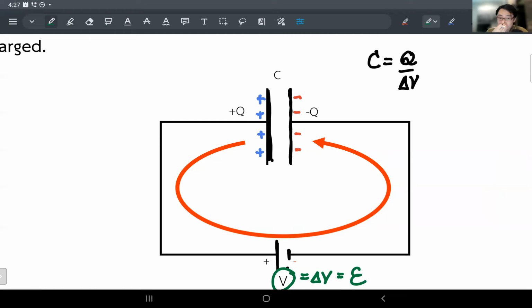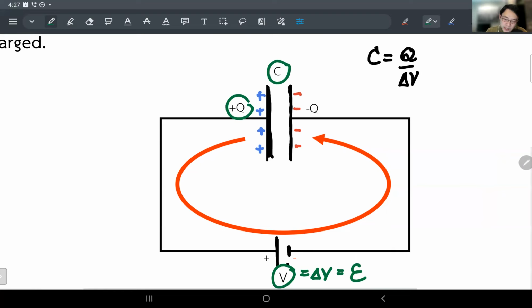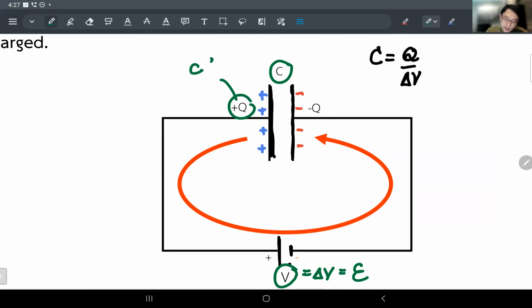So over here you are applying the potential of E, or the delta V, or the V across your capacitor having the capacitance C. So you can calculate the amount of charge that's supposed to be on that as simply C times E. And that's it, you're done.